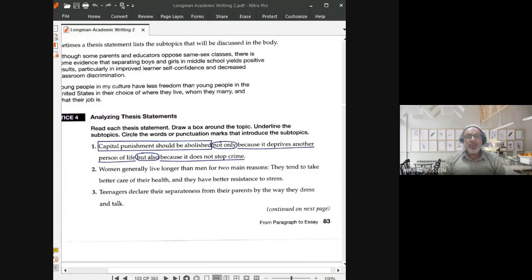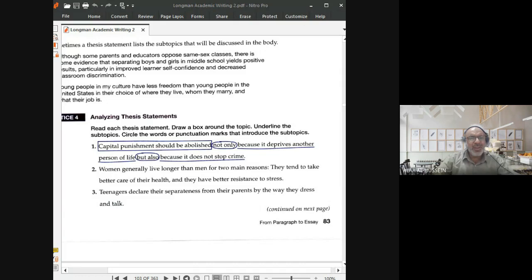Here, if we say, for example, capital punishment should be abolished, capital punishment is the topic. Should be abolished is the opinion. Of course, another writer, a student, a teacher, anyone, might come and say capital punishment should be legalized, meaning he opposes the opinion, because he has certain evidence. This one says capital punishment should be abolished, meaning cancelled, and he has two sub ideas supporting his point of view.